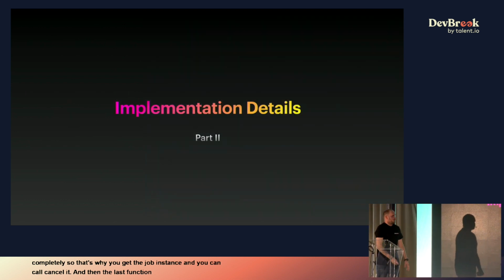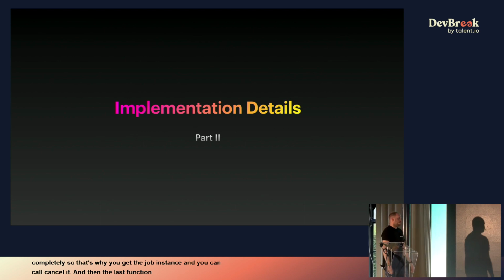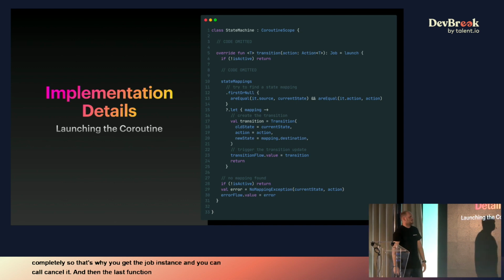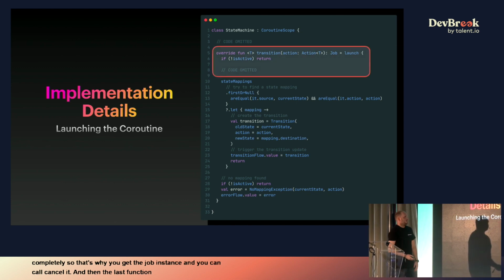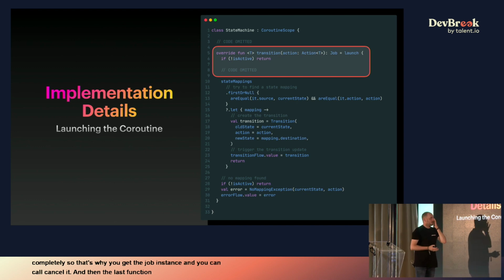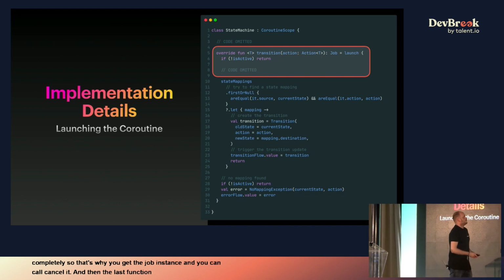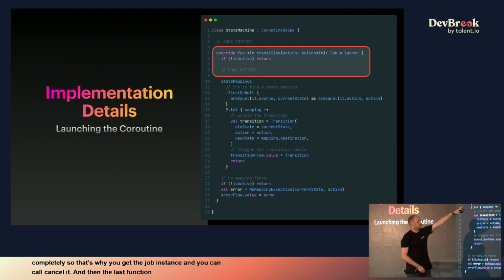Okay, so that was the setup of the state machine. I also want to show you the implementation. I guess the most interesting one would be the transition function. So this top part is important because I am setting up the coroutine, and this transition function returns a job, as I mentioned.